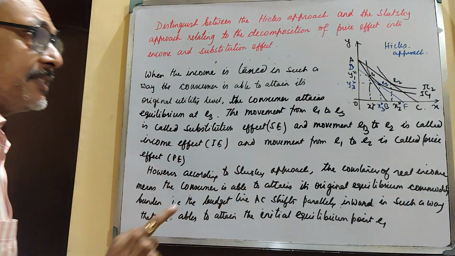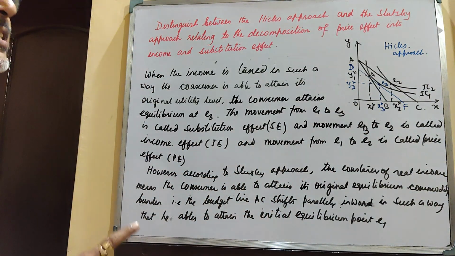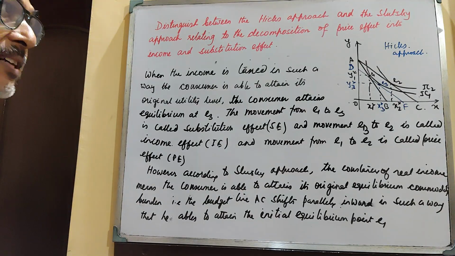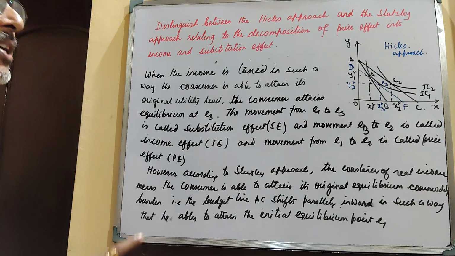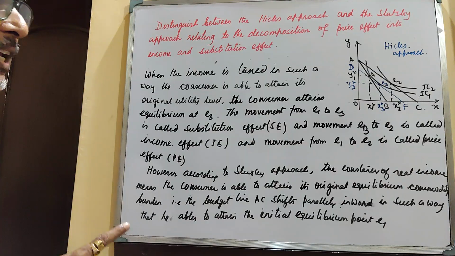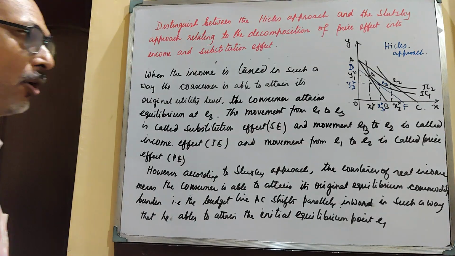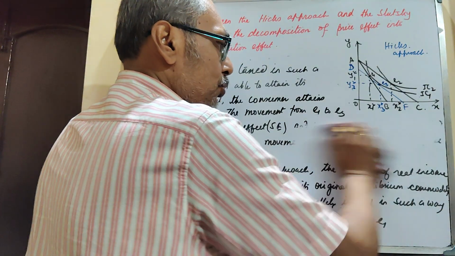According to the Hicks approach, the constancy of real income means constancy of utility. According to the Slutsky approach, constancy of real income means the consumer attains its original or initial equilibrium bundle. Now I draw the Slutsky approach.